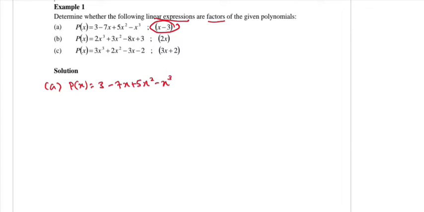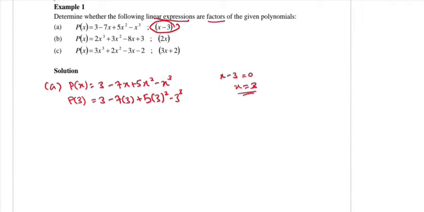So let's check whether x minus 3 is a factor of this polynomial in A. So x minus 3 equated to 0, the x value is 3. If x minus 3 is a factor of this P(x) polynomial, then the value should be 0 after we have calculated this and substituted 3 into the x.